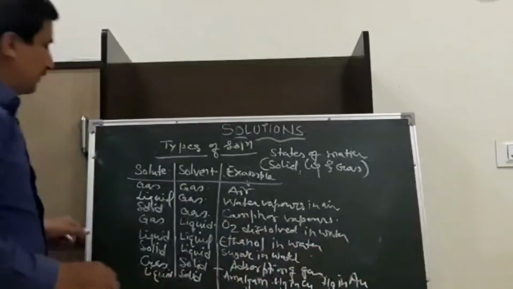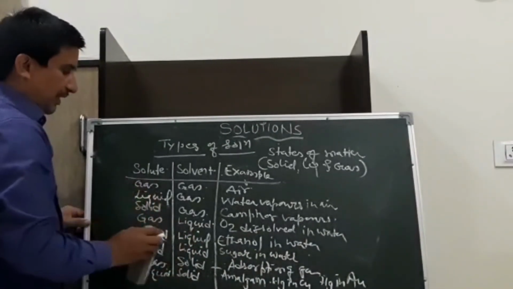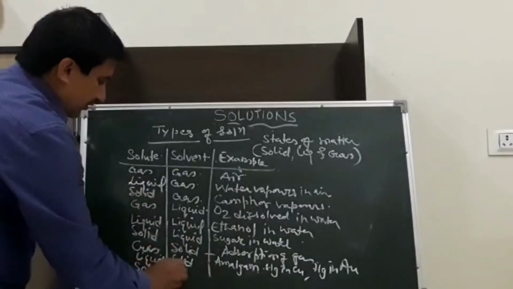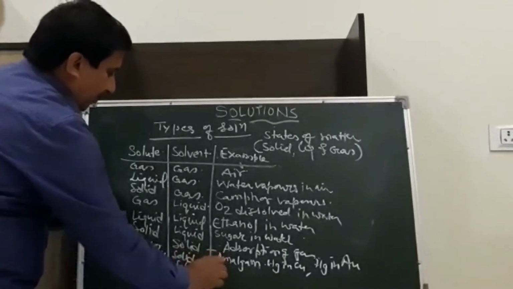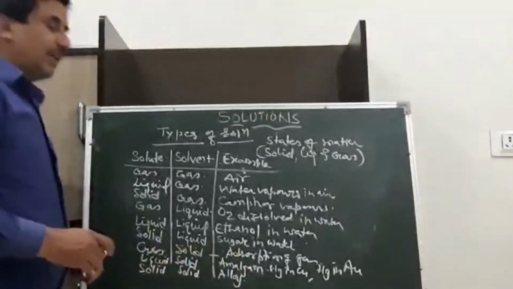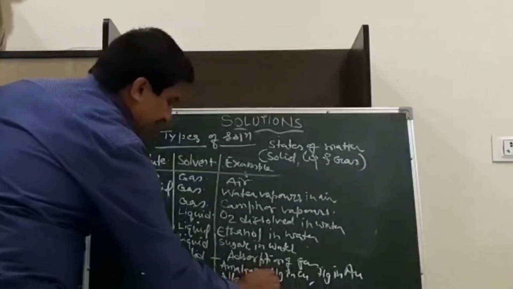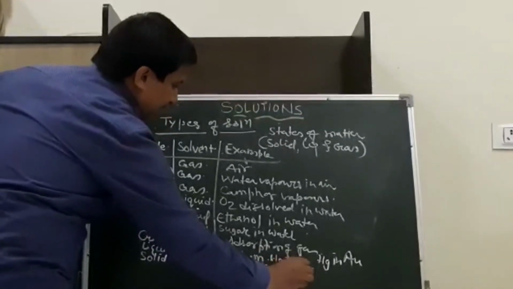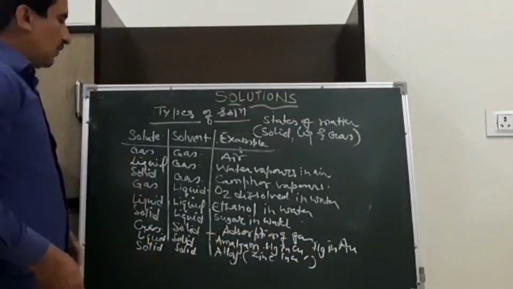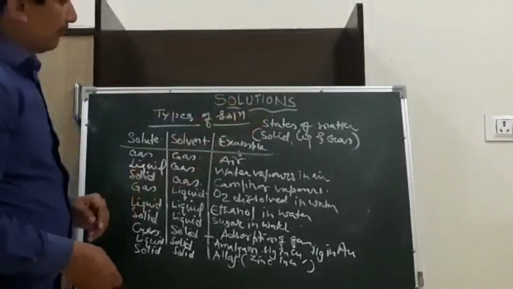These are examples of liquid in solid. One more is left, solid in solid. It is an alloy, a mixture of metal with metal or metal with non-metal. An alloy example is zinc in copper, which is brass. So these are the various examples of solutions based on the states of matter.